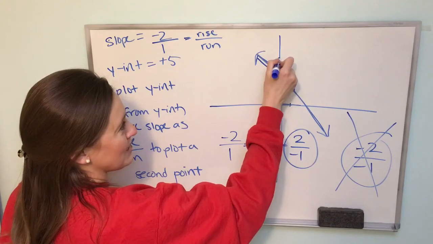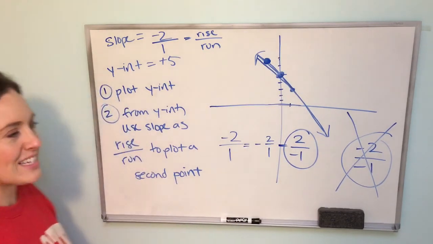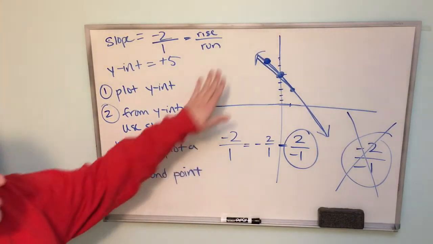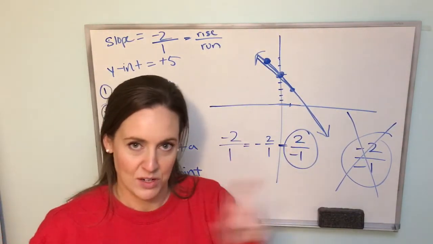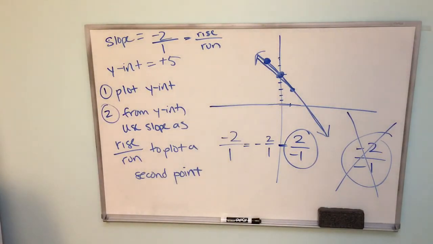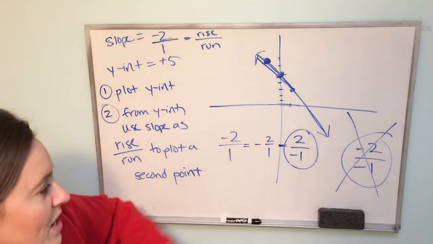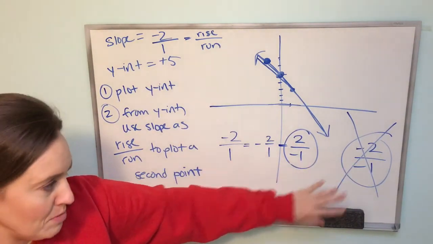So if you rose 2 and you went -1, you would actually still fall in the exact same line. And remember, it's just a sketch. In my math lab, you can be much more precise, but I'm just sketching it for you on the board. The point is, as long as there's only one negative sign, it can go up top or down bottom. It just cannot be both.